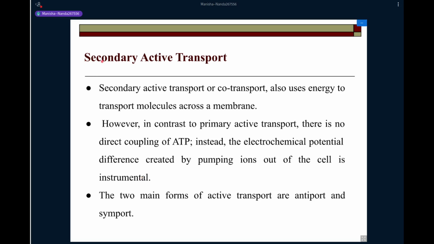That is why it is called secondary active transport, because it is not directly coupling to ATP to transport a solute molecule across the membrane. The two main forms of secondary active transport that are known are antiport and symport.